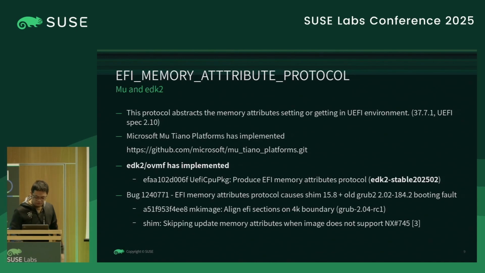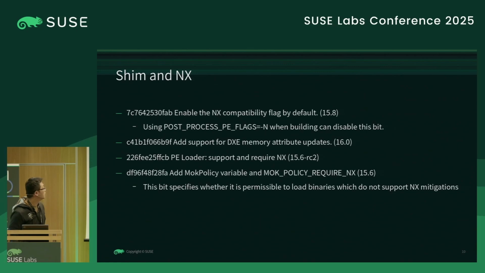So, but the page is still reviewing, and more pages in Shim related to NX. Actually, in 15.a we already enabled the NX flag by default, and when building we can use one build option to disable it, but in SUSE Shim we already enabled it.